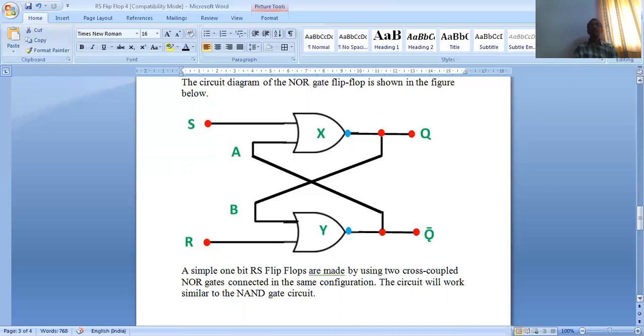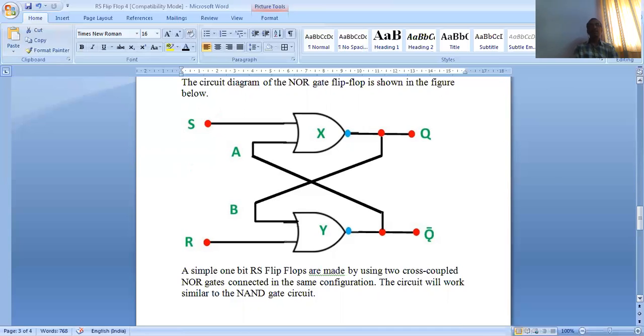The lower gate Y output is Q and the upper gate X output is Q bar. Okay. Now we are going to see the working of the RS flip-flop using NOR gates.